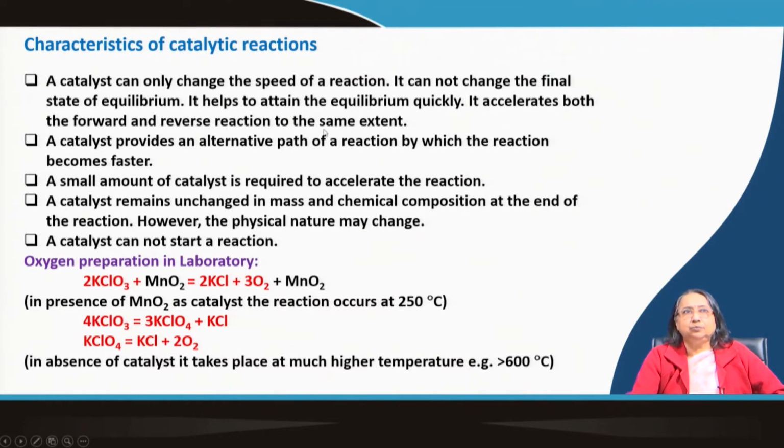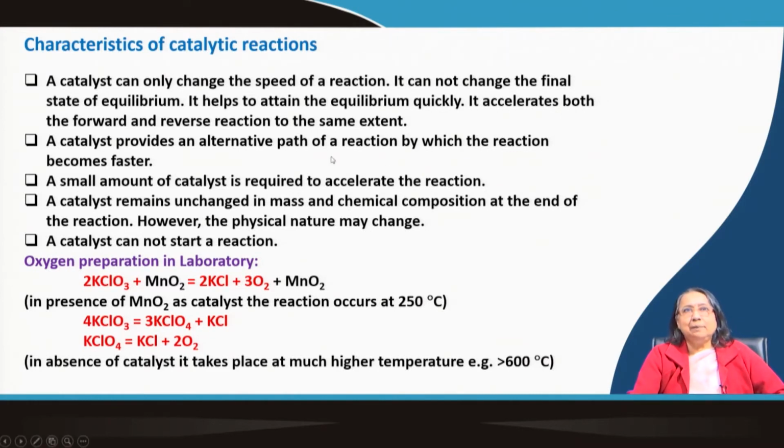It accelerates both the forward and reverse reactions to the same extent, that is why it cannot change K, the equilibrium constant. A catalyst provides an alternative path. How is it changing the rate? Say, for example, I want to go to one room, there are two routes, one route takes longer time, another route takes shorter time. So, it is going by a different route, that is why it is becoming faster.